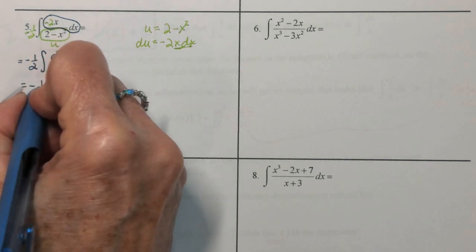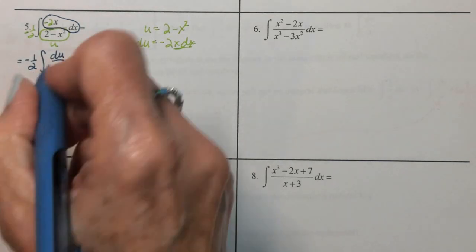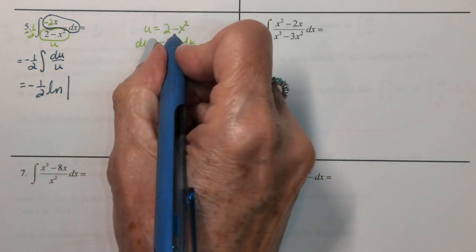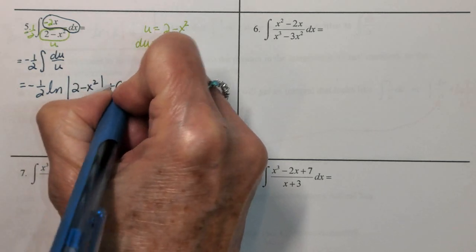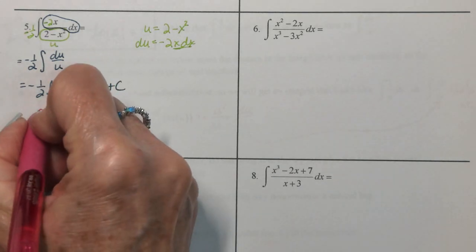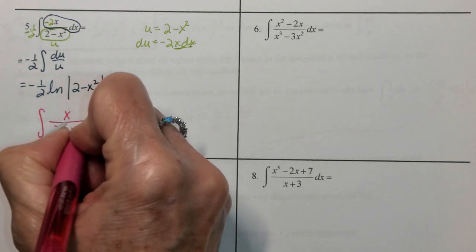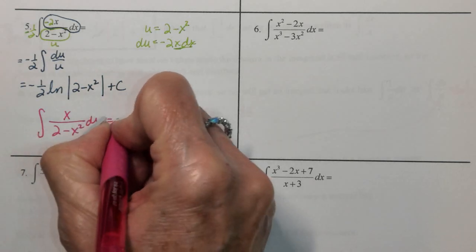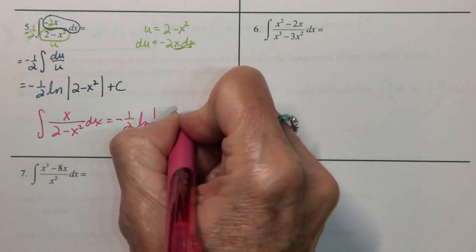So negative 1/2 ln absolute value of u, which is 2 minus x squared plus c. Okay? So we found out there that the integral of x over 2 minus x squared dx is negative 1/2 ln of the bottom.